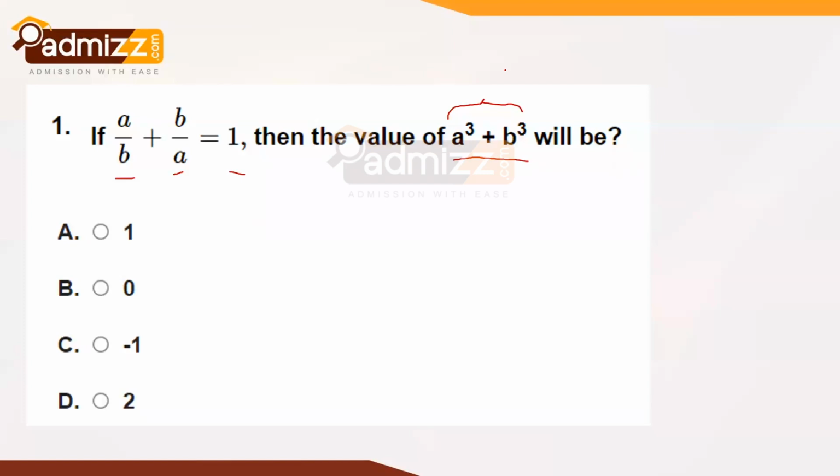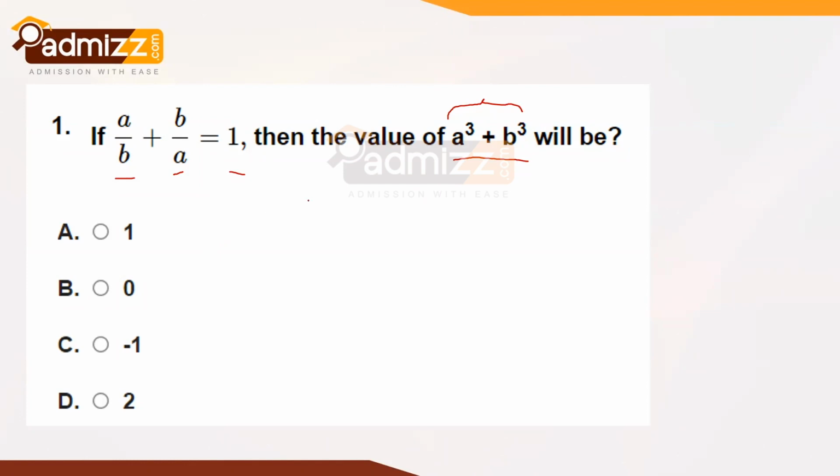All right, so the answers are quite mixed, right? Some are saying that the answer is 1, some are saying it's 2, some are saying it's 0. I'll walk you through this problem. Take a look at this.